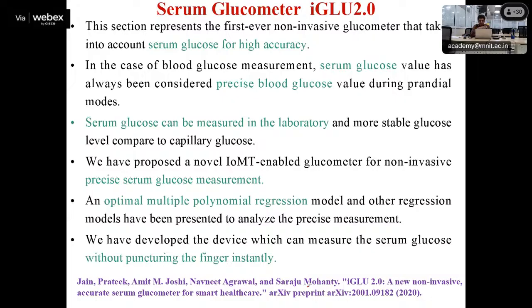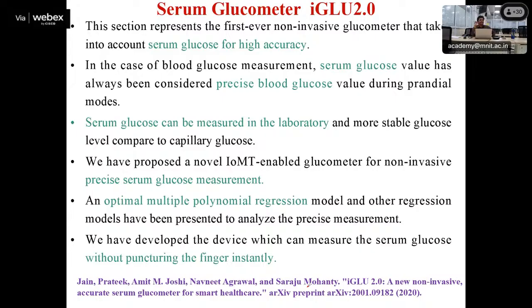So serum glucose is more important, as it gives a value closer to the blood glucose of your diabetic patient. Serum value is always more accurate and lower, whereas capillary glucose is sometimes random and gives a higher value.